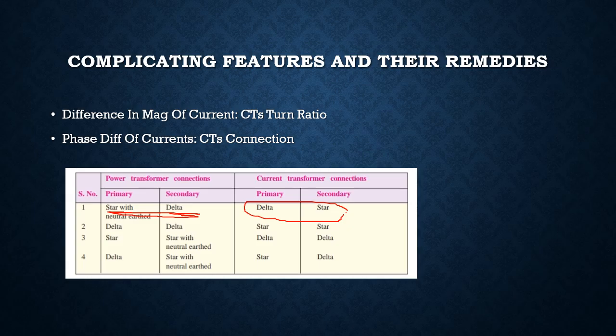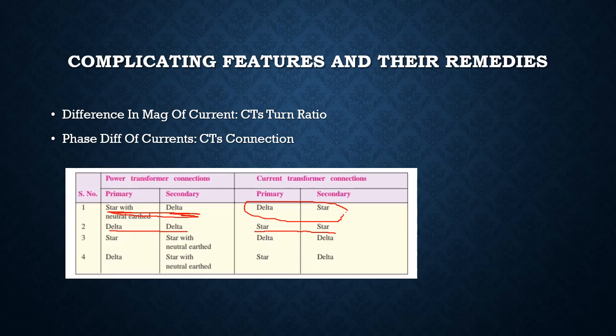Similarly, if the power transformer is delta-delta, that means the primaries are connected in delta and the secondaries are also connected in delta, then the CTs placed on both sides of the transformer should be in star-star. The CTs on the primary side in star, the CTs on the secondary side also in star.